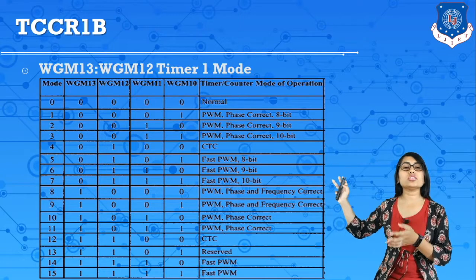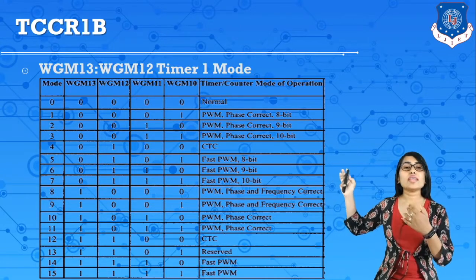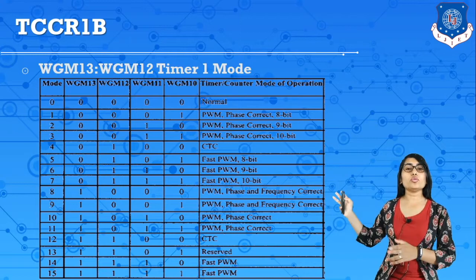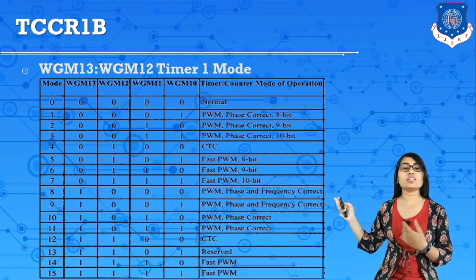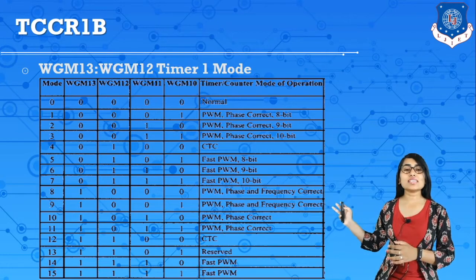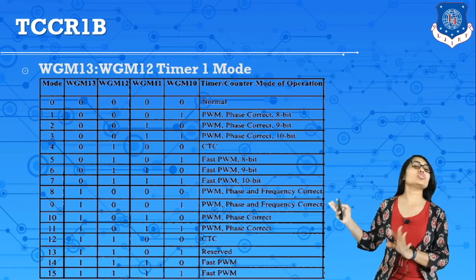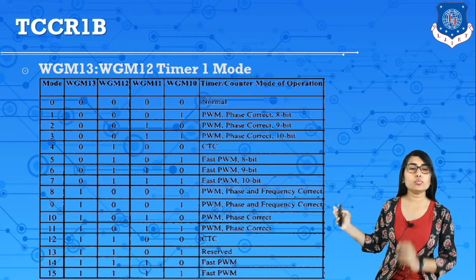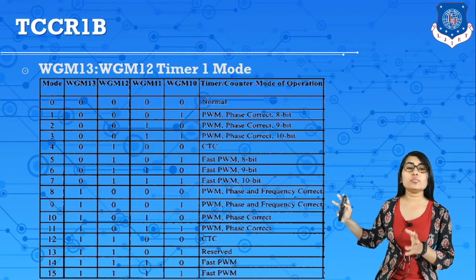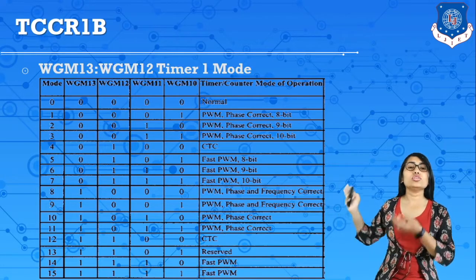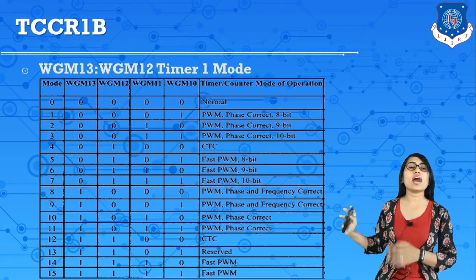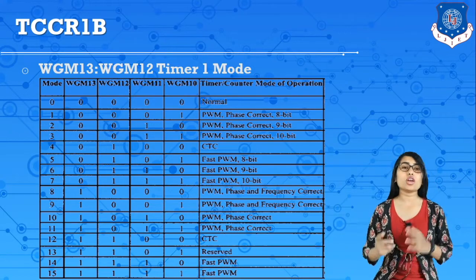When 0000, it is normal mode; for 1 there is PWM, for 8-bit; 2 for 9-bit; 3 for 10-bit; and for 4 we have the CTC mode, and so on. So these are all the Timer 1 modes. According to that, bits are selected, but mostly in Timer 1 also, normal or CTC mode are used for basic operations.